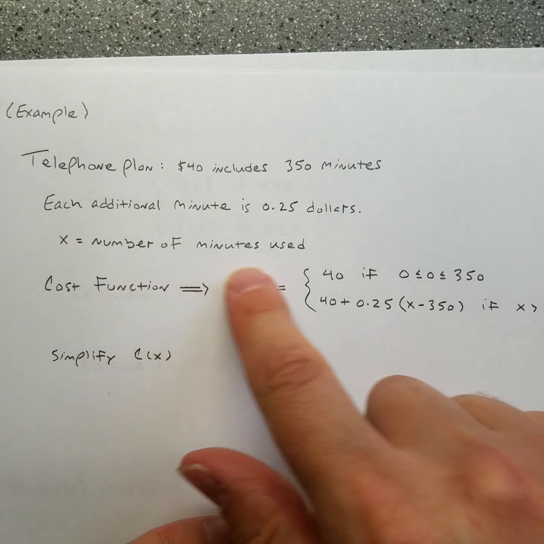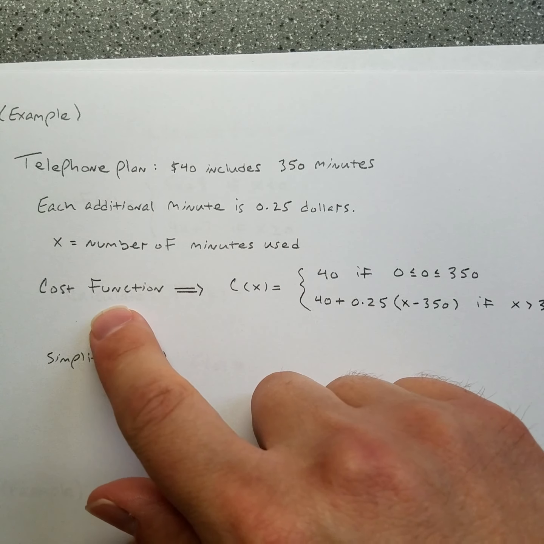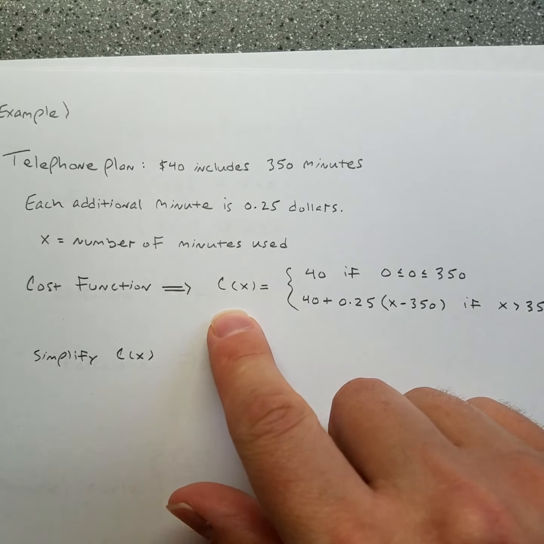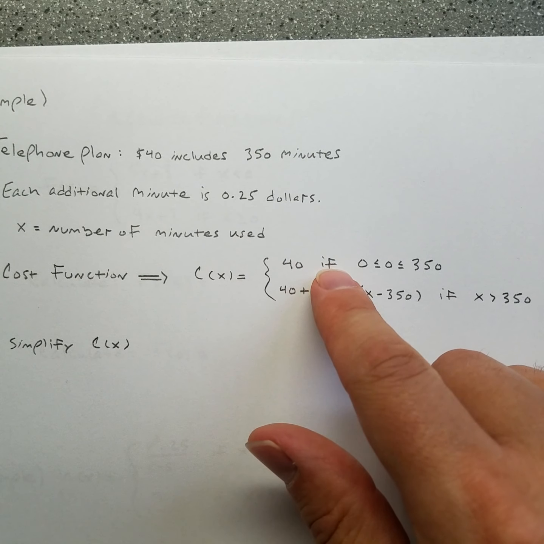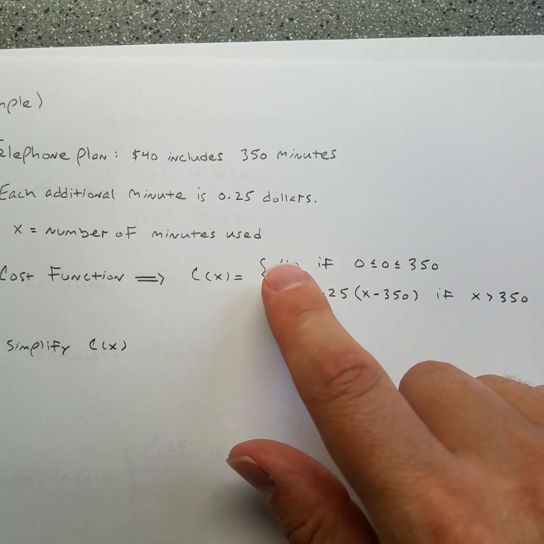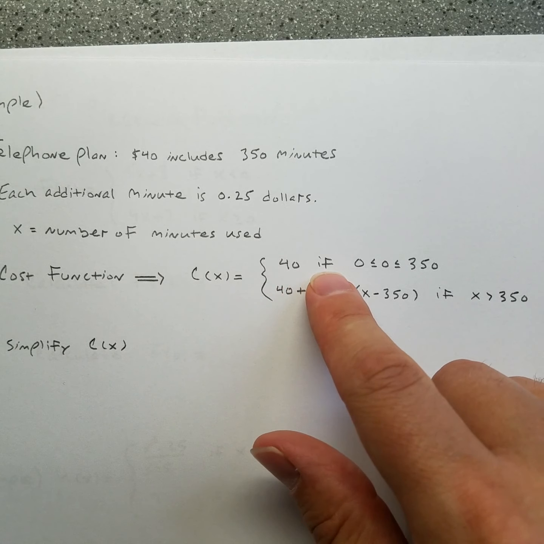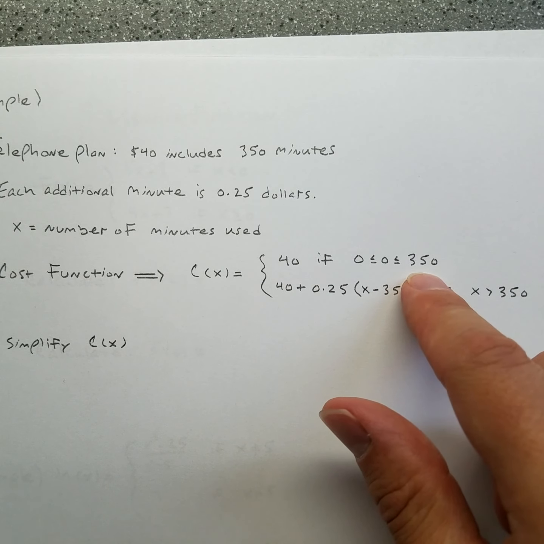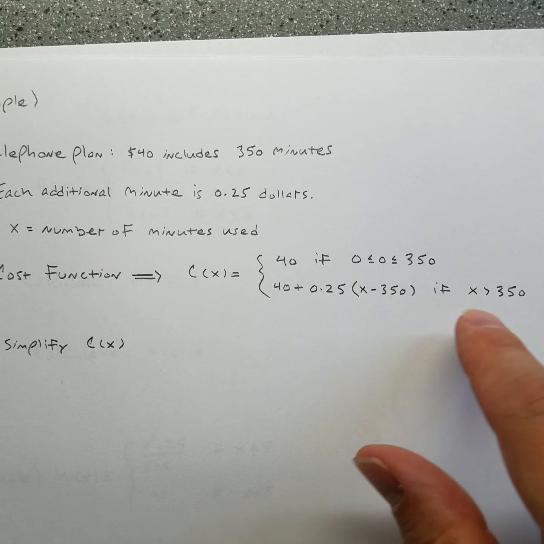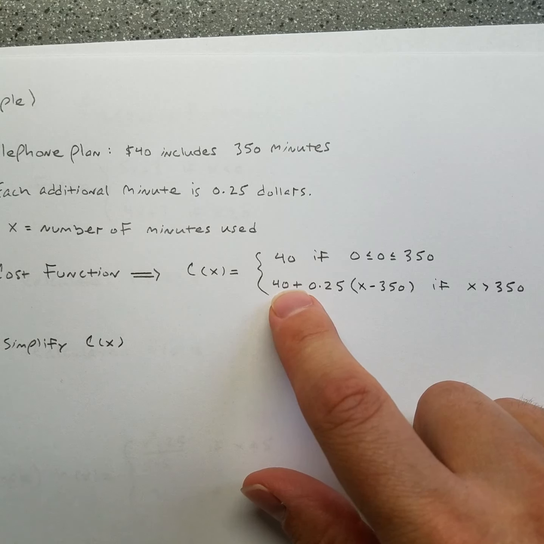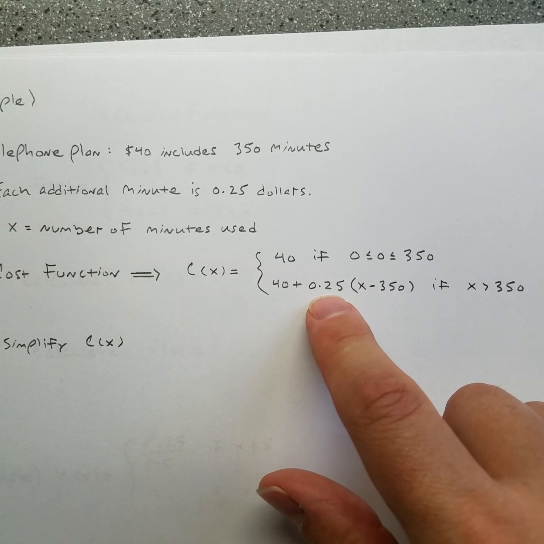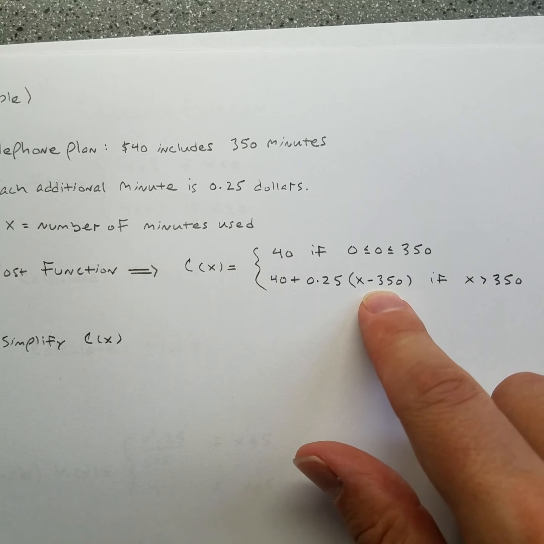If x is the number of minutes used, the function to calculate the cost, like your phone bill, would have to have two cases. It's $40 if you use up to 350 minutes. If you use more than 350 minutes, then it's $40 plus 25 cents per additional minute.